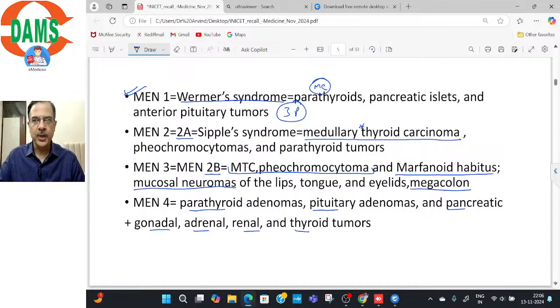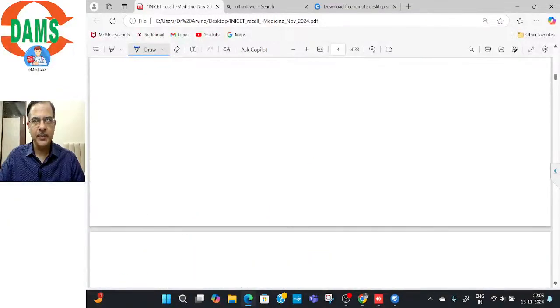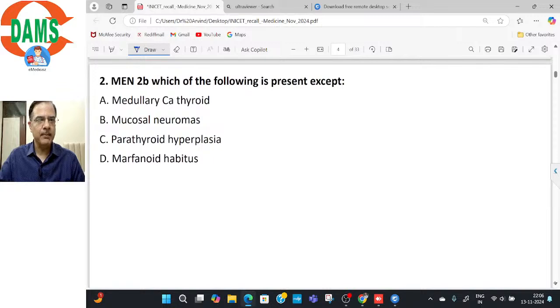So the question is asking which of the following is not present. In MEN2A the marfanoid habitus is not present, but in MEN2B, also known as MEN3, the feature which is not present is parathyroid hyperplasia.